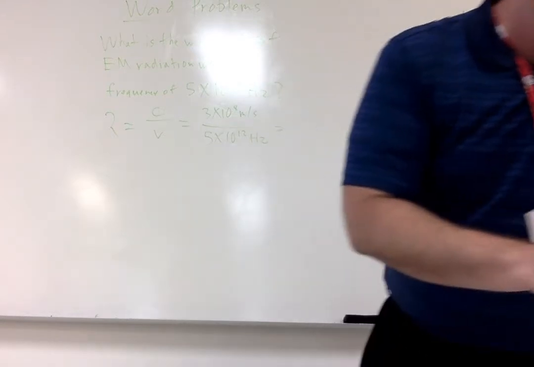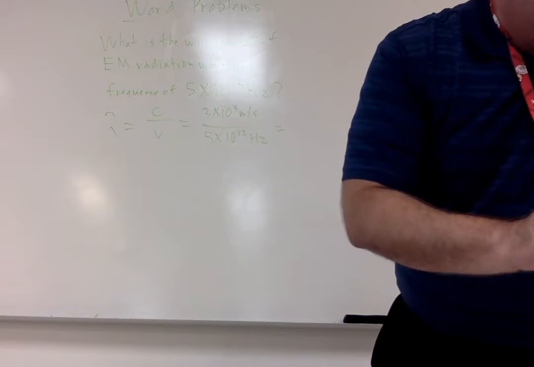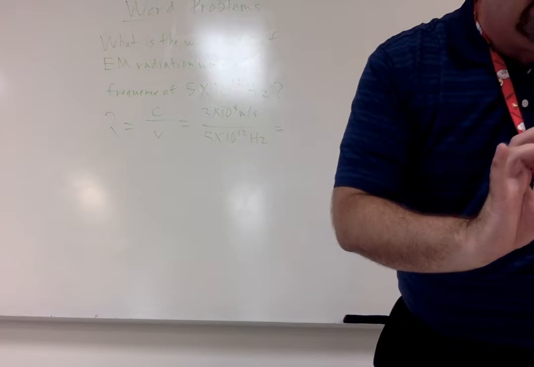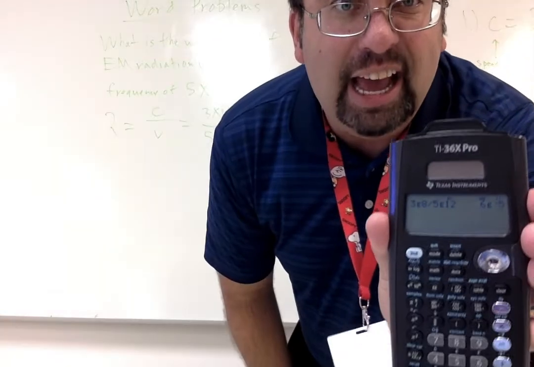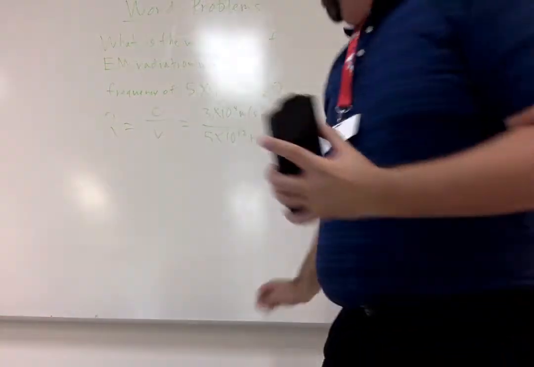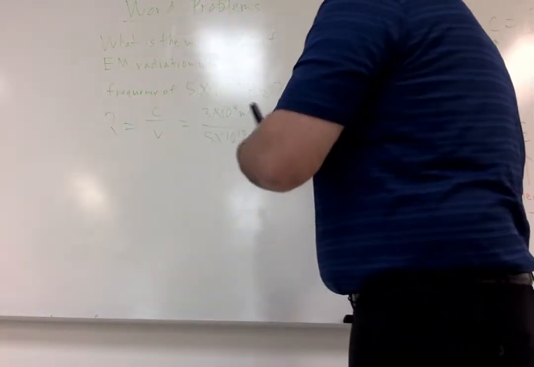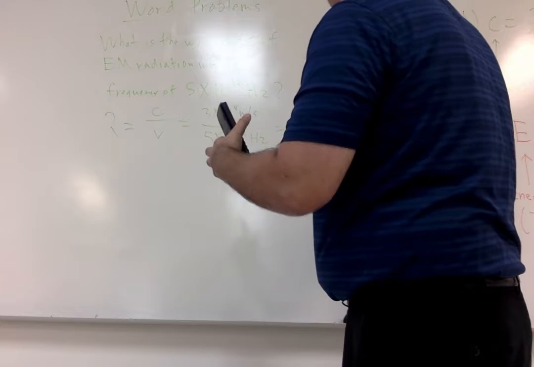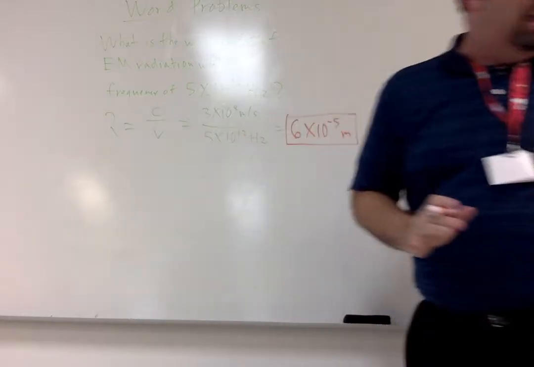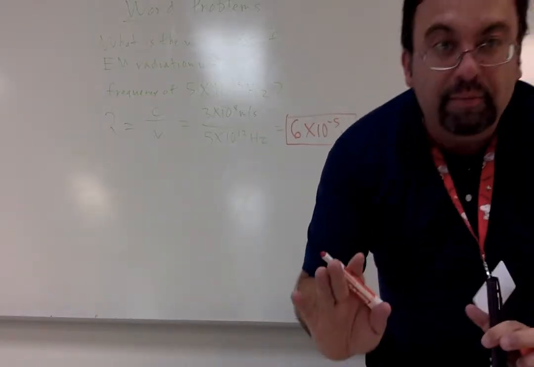When you do that, you'll end up getting 6 times 10 to the minus 5 meters. And so there's the answer. All right, hopefully that makes sense.